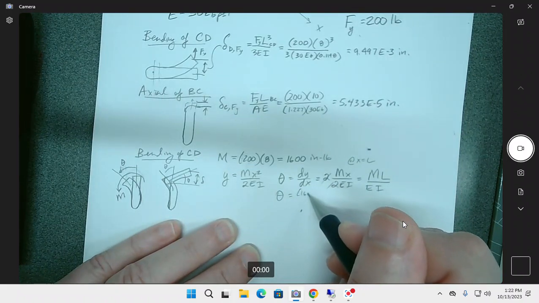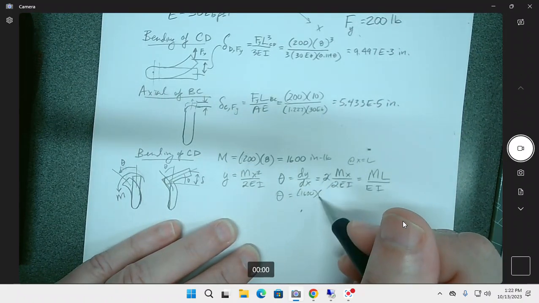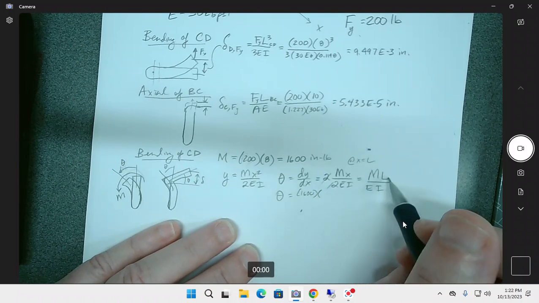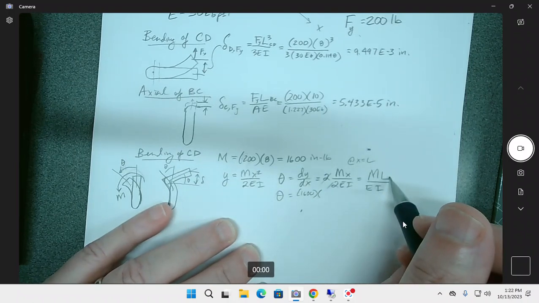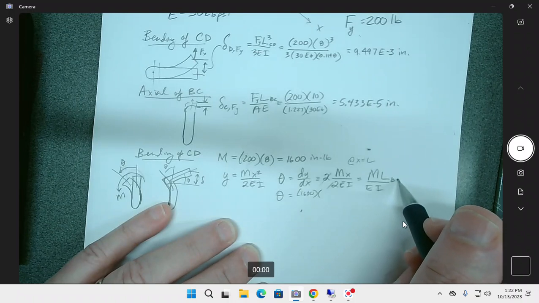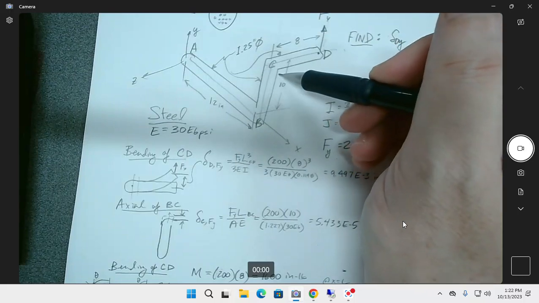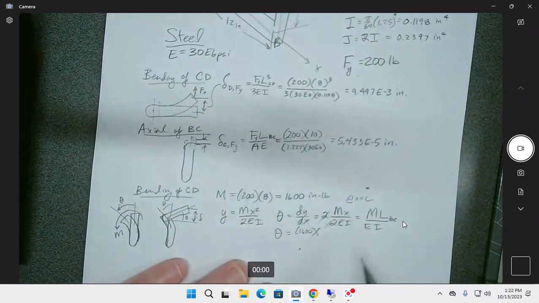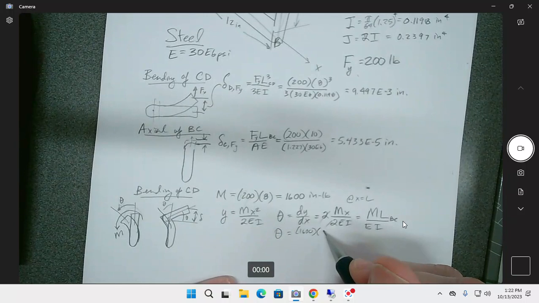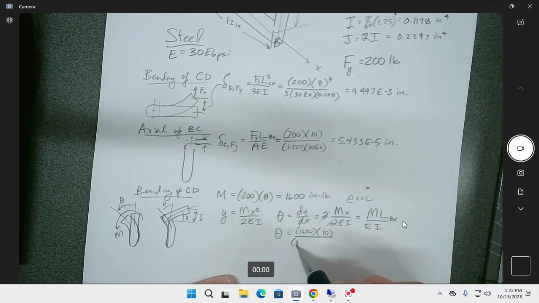So 1,600 times the length right here. This length is going to be the length of BC, because that's the length that we're putting a moment onto the end of. So that's going to be the 10. And then the E, 30E6, and the I is 0.1198.